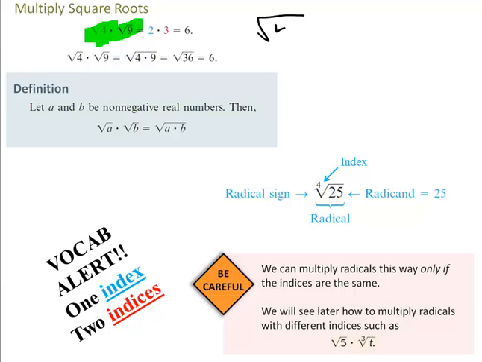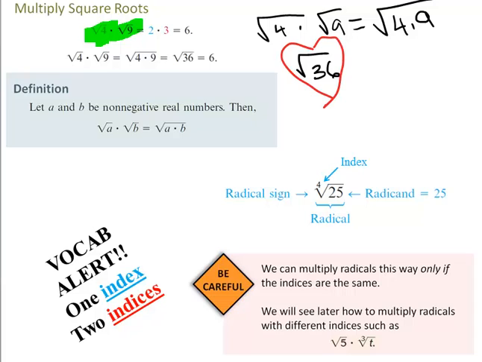So I started with the square root of 4, and then I had the square root of 9, and then they combine all under one roof, 4 times 9. And then once you get to this point, do the multiplication, and if you look at this, it's quite nice because it's a perfect square. So the answer to that in the end is 6.